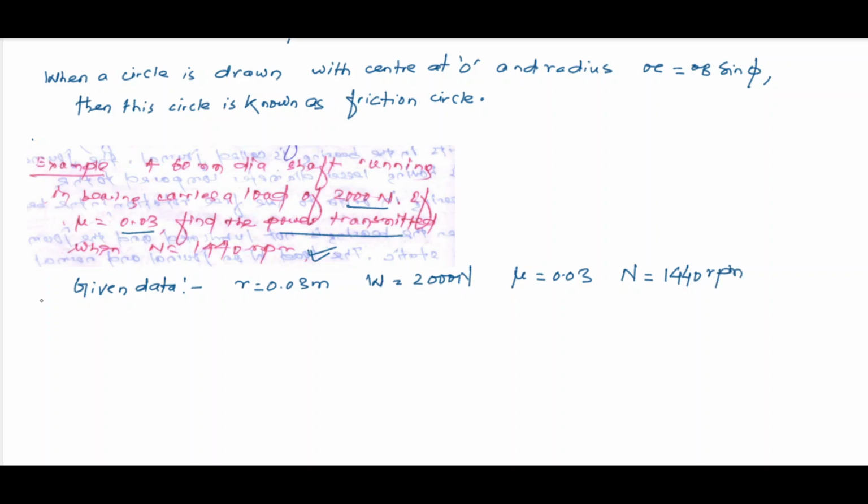So the torque T, as per our derivation, is mu W r, so it is 0.03 multiplied by 2000 multiplied by 0.03, so it will be 1.8 Newton meter.